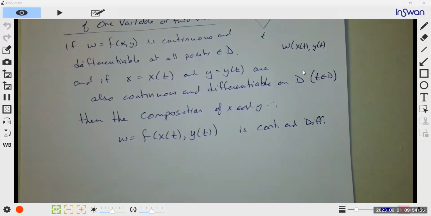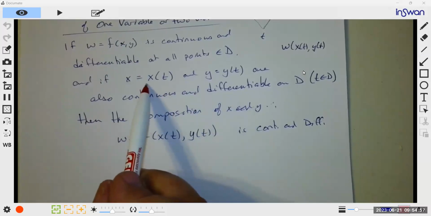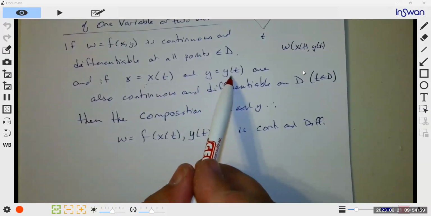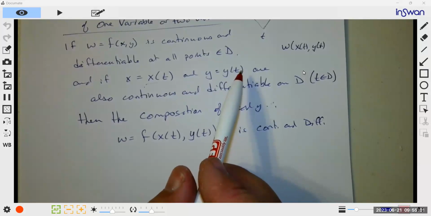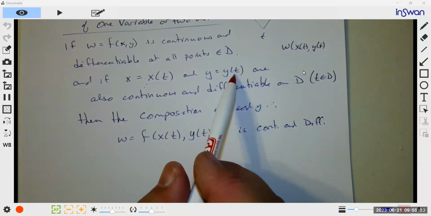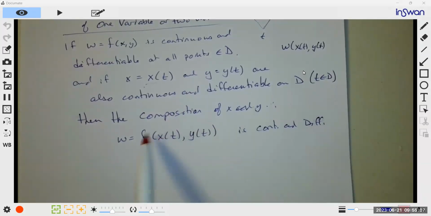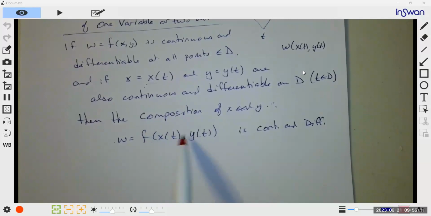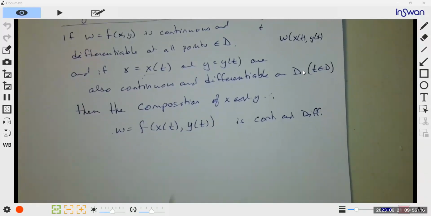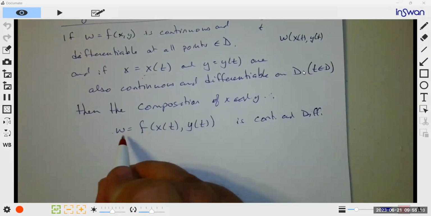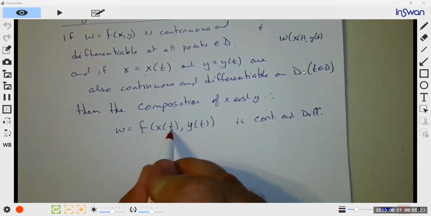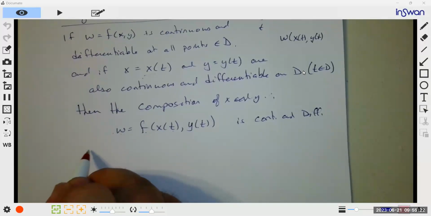So basically working inside out. If our subfunctions x of t, y of t are continuous and differentiable, and they're part of the composition of our function f or w, then since those are continuous, the function is continuous, and therefore the whole thing is differentiable.